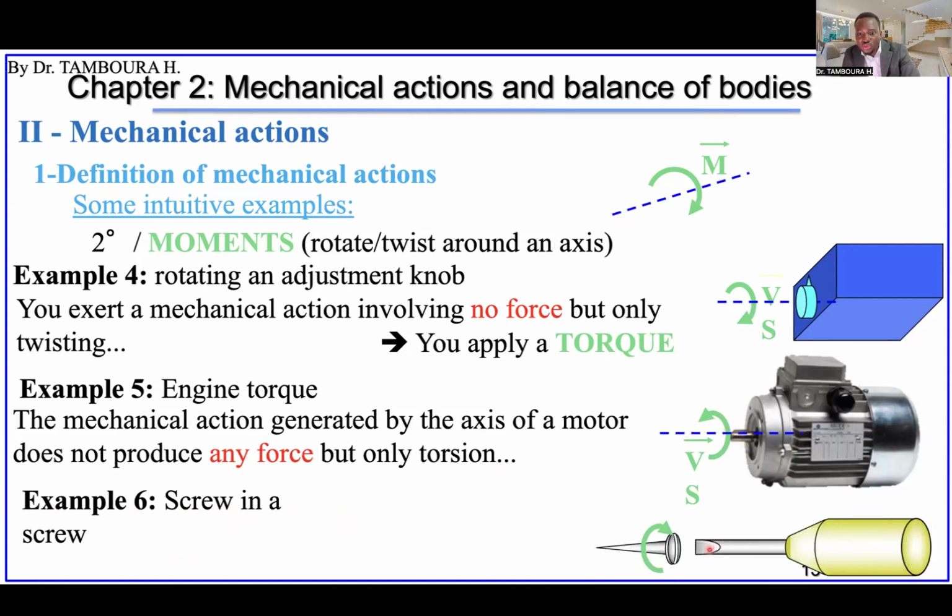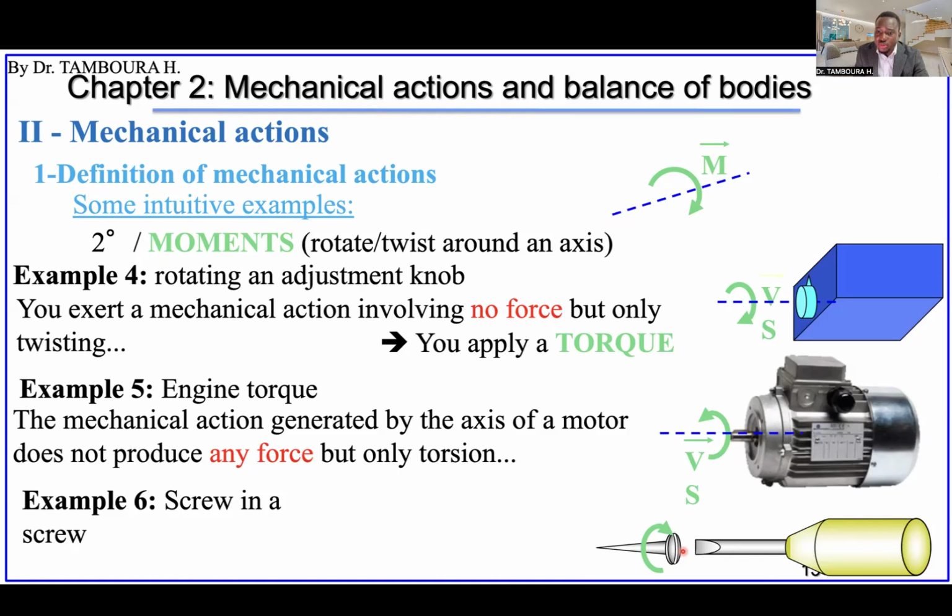If you have this tool and this screw, you want to screw, so you are using rotation, okay? The force you are applying, for example, pushing to maintain this tool, is not generating any moment around this rotation axis, okay? Because the force you are using to push is in the same direction as the axis of rotation, right?